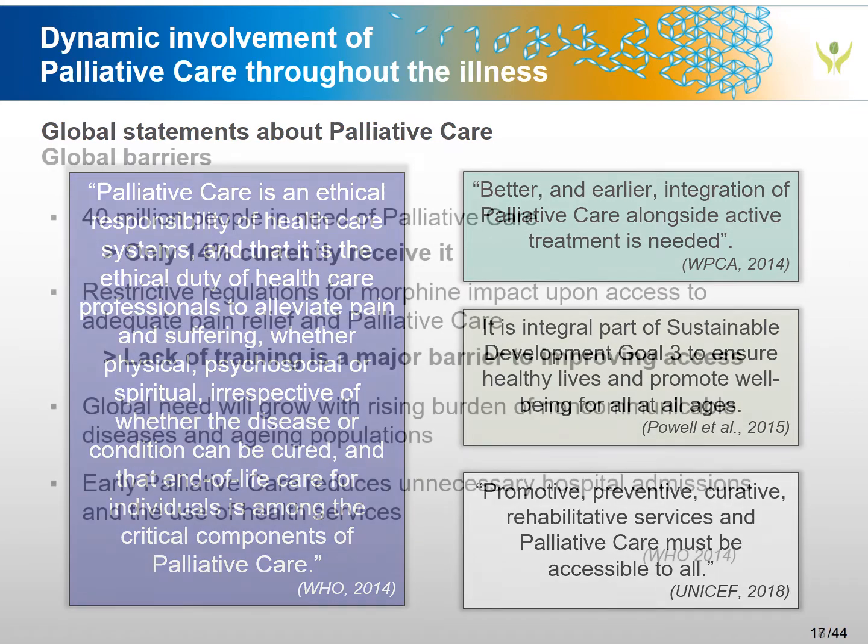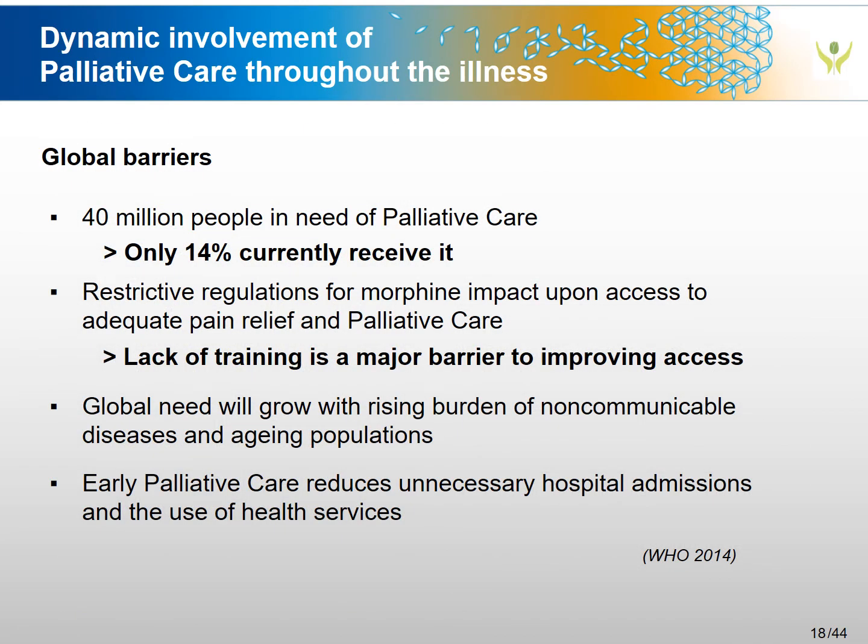The 67th World Health Assembly resolution demonstrated that 40 million people are in need of palliative care, but only 14% currently receive it. In particular, restrictive regulations for morphine impact access to adequate pain relief and palliative care. Additionally, lack of training is a major barrier why people do not gain access to palliative care services.